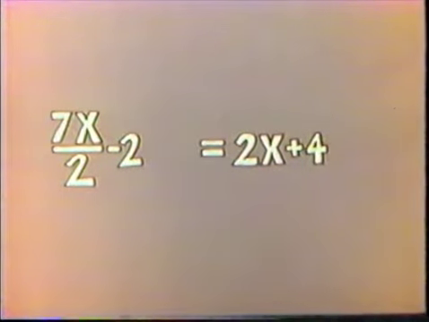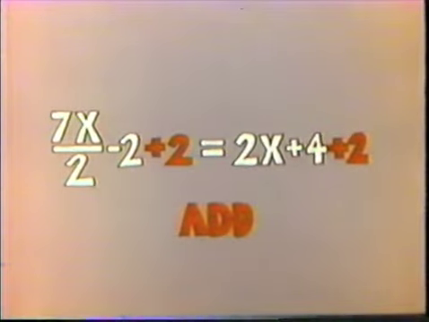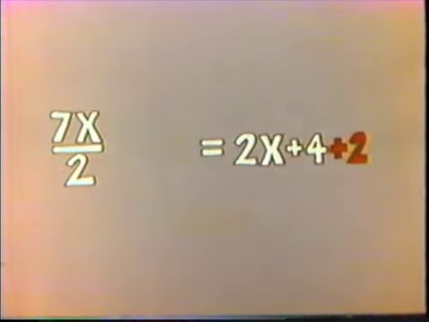Our first objective is to get all the x's on one side of the equation and all the numerical values on the other side. In order to get the numerical value 2 from the left side to the right side, we can add 2 to both sides. The negative 2 and positive 2 cancel each other out on the left side.